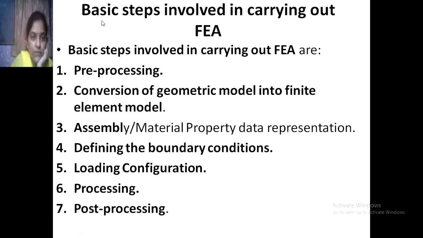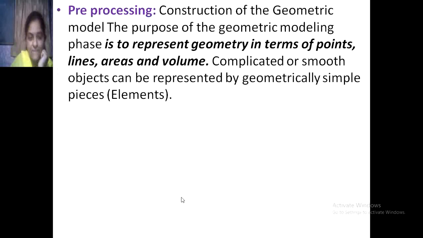So from these basic steps involved in carrying out the finite element analysis, we have seen pre-processing, that is the conversion of the geometry model into a finite element model, then assembly and defining the boundary conditions.